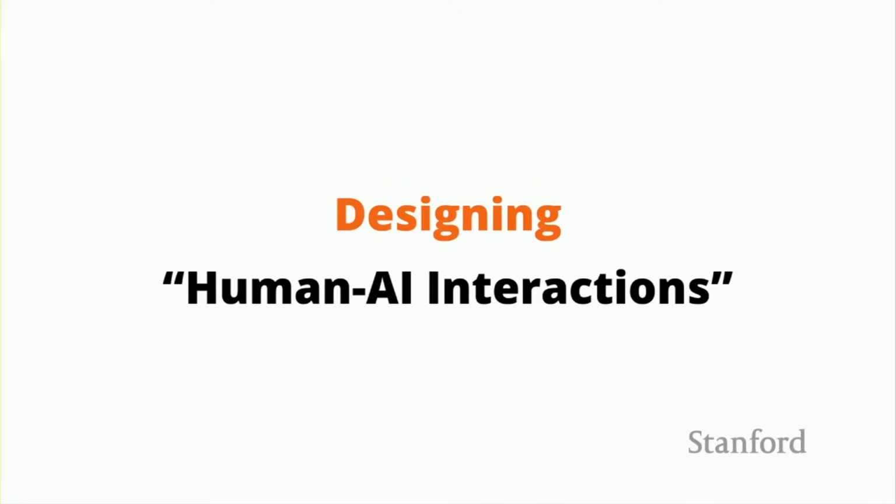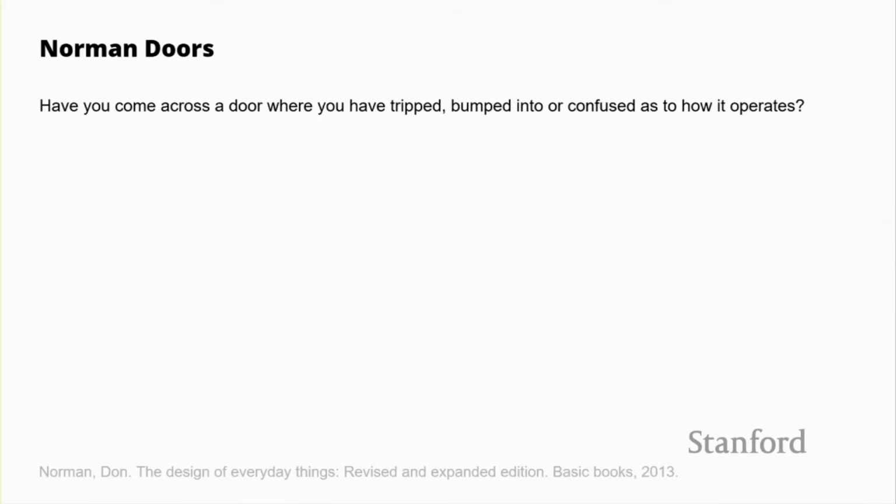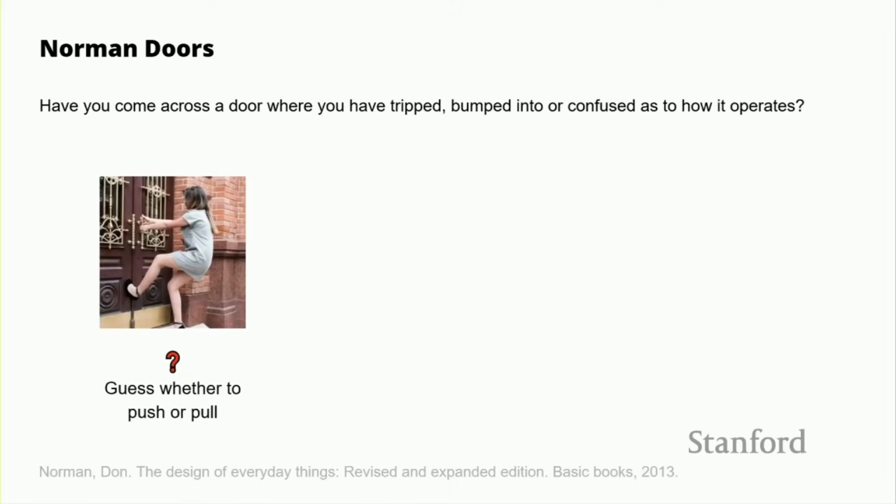So maybe to set up the problem, an interesting example is something called Norman doors. You come across a door, potentially you try to open it and you trip. I imagine many of you have had versions of this experience. I have. Some of the issue might be not knowing exactly how to operate it. Is it a push or a pull?